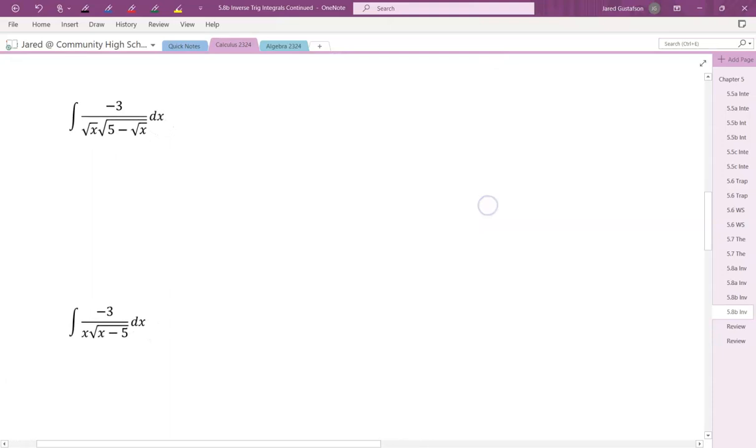Looking at the next two problems, again, they kind of look similar. I see a -3, I see a 5. In this example on top, I see square roots of x. In the bottom, I just see plain old x's. So I don't know. They both kind of look like they might be some setups for some arcsecant type answers.